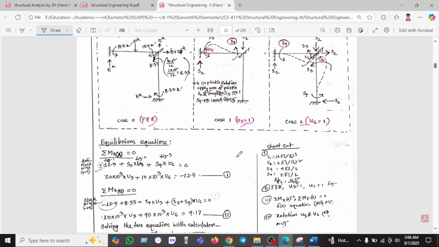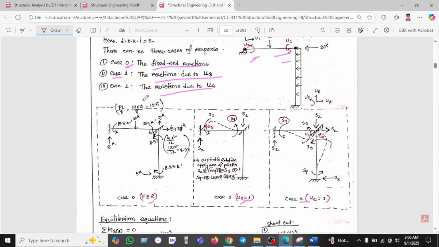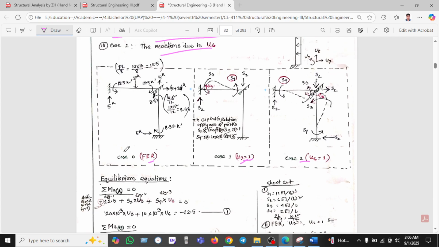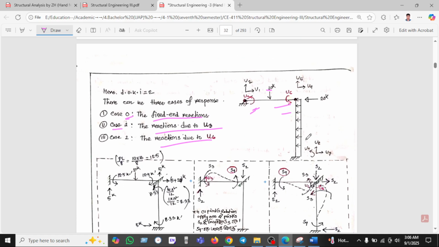Okay, so let's solve. As these are point loads from this member, we can use PL by 8 and find 12.5. And the same thing we have shown here as the UDL, WL square by 12, and finding 8.33.